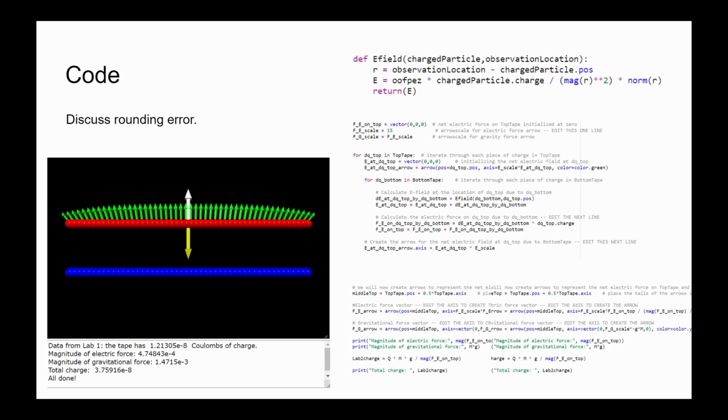So you can see in the model on the left, you have a bunch of different individual charges, and the second block of code shows the E fields on each individual charge rather than just one charge to another, as in Lab 1. And then the last one just shows the overall calculation, you see the two big arrows on the left, it's the calculation of those big arrows, and then the overall charge from this lab.